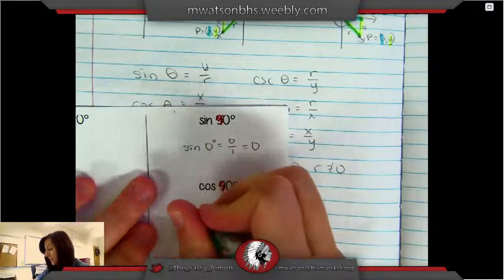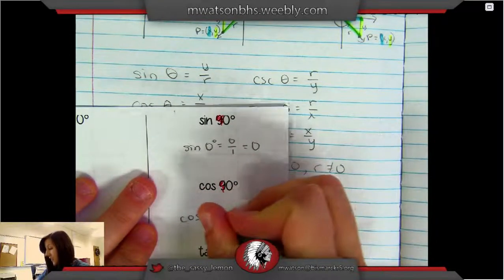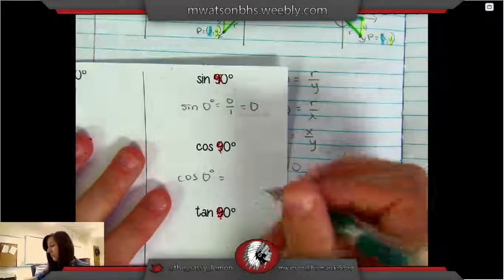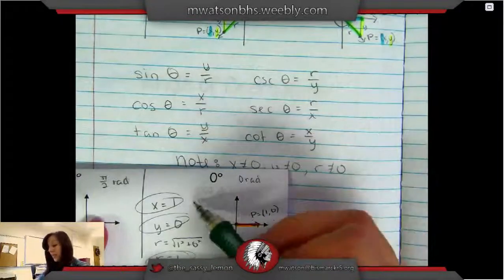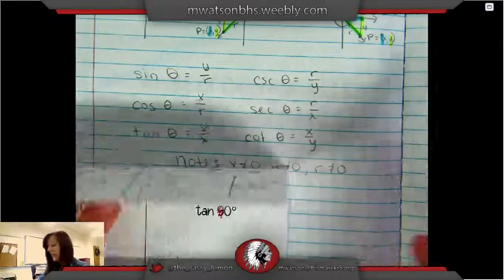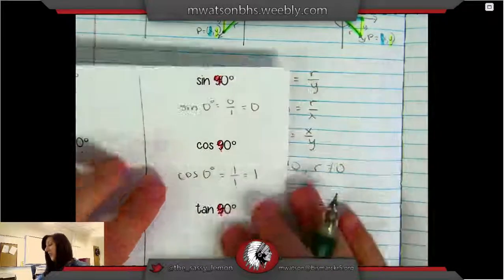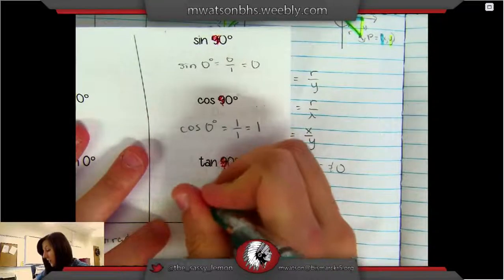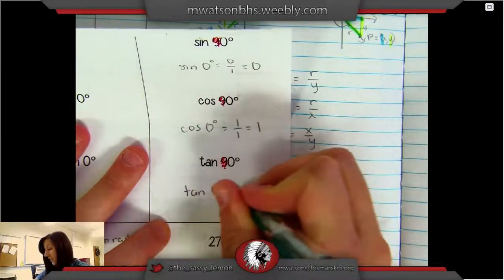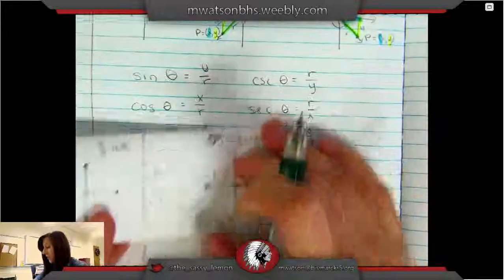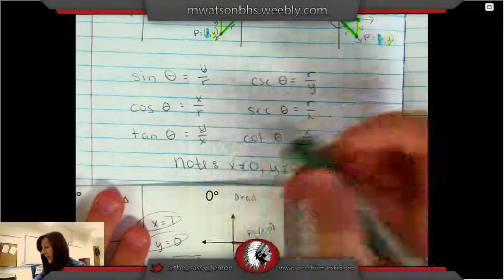Cosine of 0 equals, if we look back here, x over r, so 1 over 1. So cosine of 0 degrees equals 1. And then tangent of 0 degrees equals, and if we look at our notes, it's y over x.